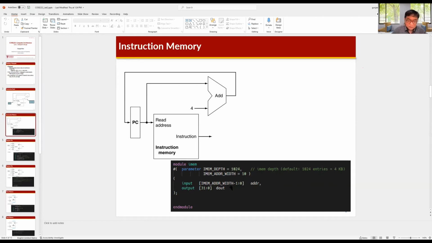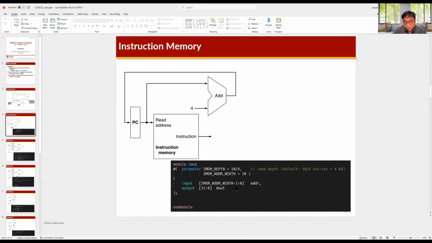If you see this skeleton code, the input and output ports are defined. This is the module name, IMM. And as you can see, in the module you can find the input and output ports, and this part defines the width of the input and output ports.